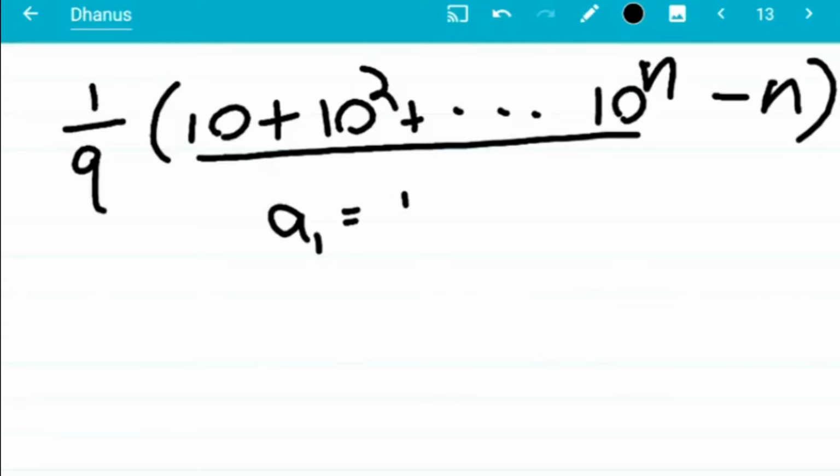equal to 10 and common ratio r is equal to 10.